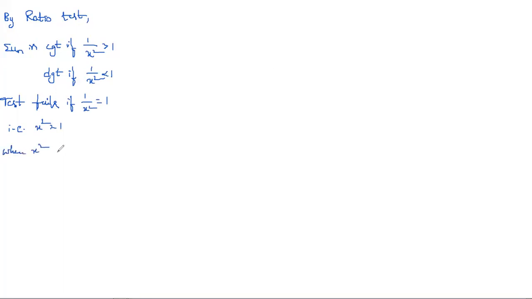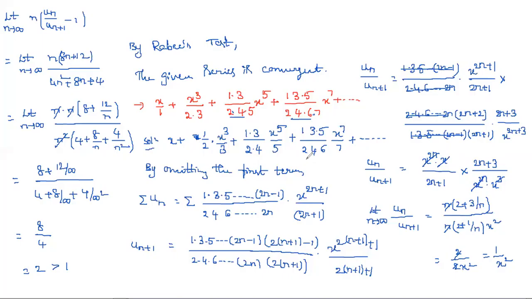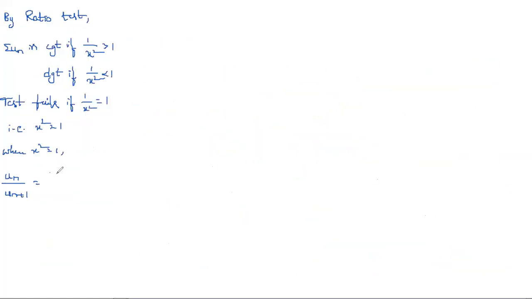When x square is equal to 1, un by un plus 1 is equal. So here what we have, un by un plus 1 is nothing but 2n plus 3 by 2n plus 1, and of course x square is equal to 1.